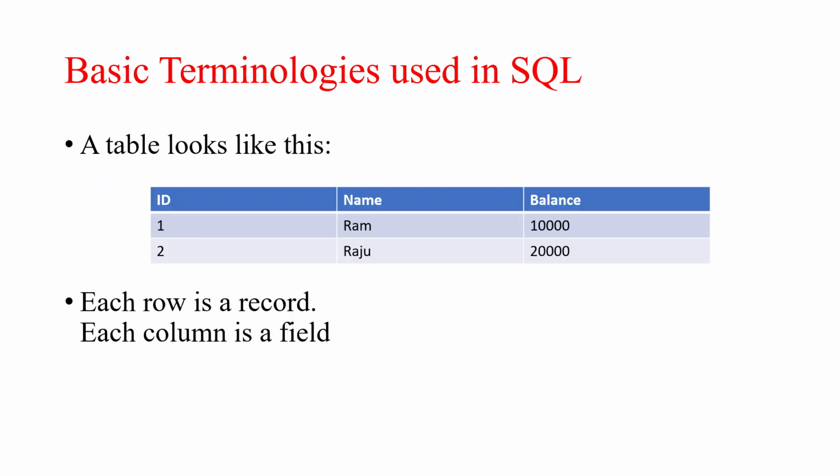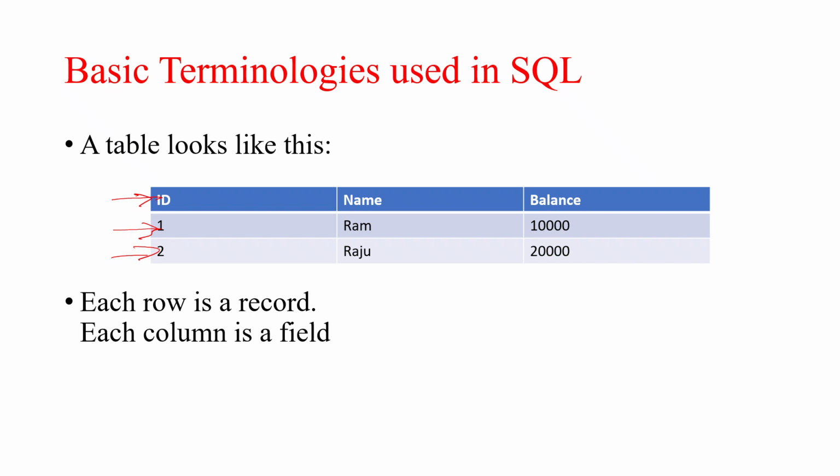A table generally looks like this. It contains three rows, a header row and two value rows, and three columns: one is the ID, another is the name and another is the balance.